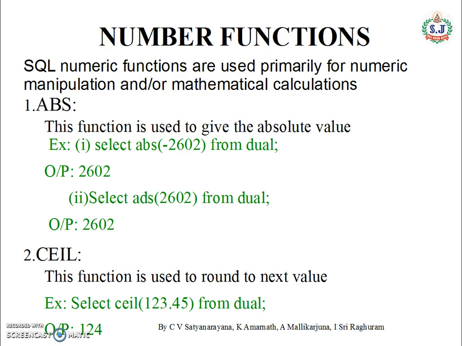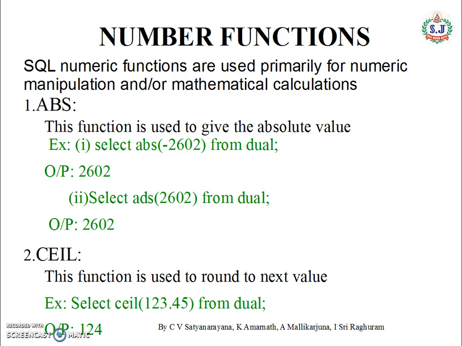The next category of functions are number functions. These are relatively very simple functions which we use often in calculations and in other places in mathematics. In that, the first function which we come across is ABS function, which is also an absolute function.